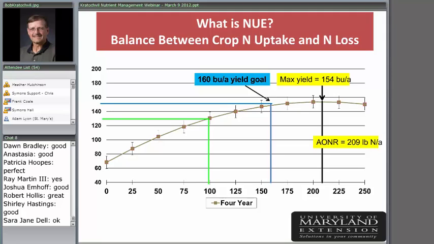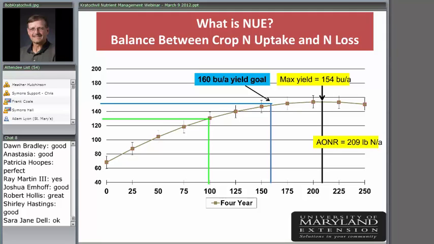So what is this nitrogen use efficiency? What I have here is a chart based upon real data collected in Maryland, on a silt loam site. We've conducted research on N-rate response of corn for 4 years.